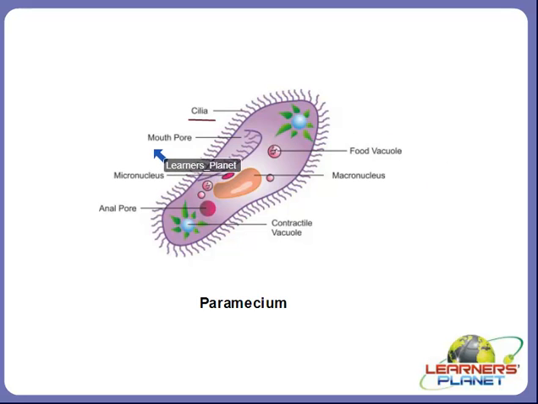The next part shown here is the mouth pore. Now this mouth pore is a kind of opening, and this opening leads into a cavity, and this small cavity is known as the buccal cavity. Mouth generally serves for which particular function?